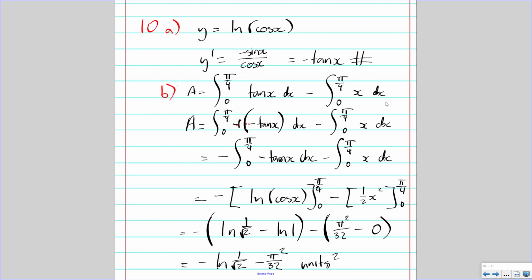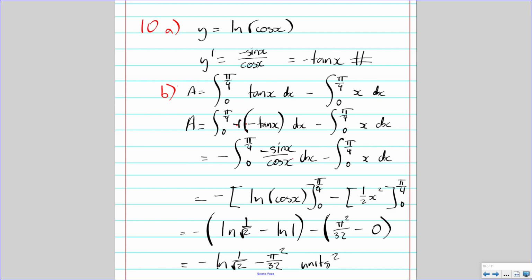Are you saying tan x will equal sin x over cos x before, but when you integrate it, it becomes that?